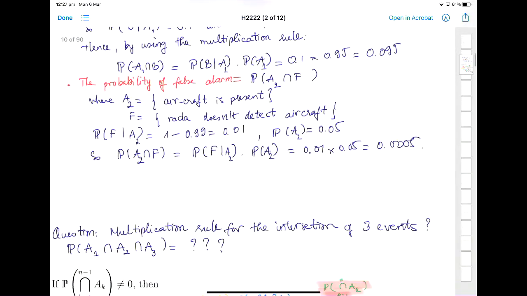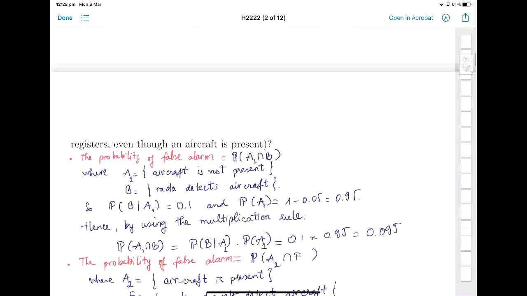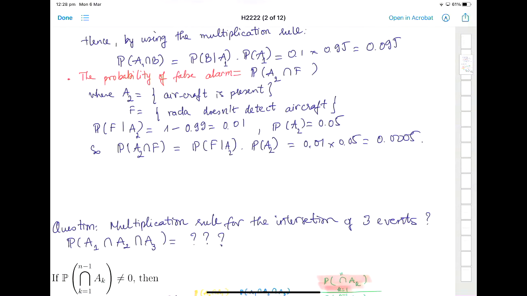So the probability of the radar not detecting the aircraft given that it is present is the complement, 1 minus 0.99, which is 0.01. And the probability of A2, that the aircraft is present, is 0.05. So just use the multiplication rule to find the probability of the intersection, multiplying these two numbers together, and you have the result.